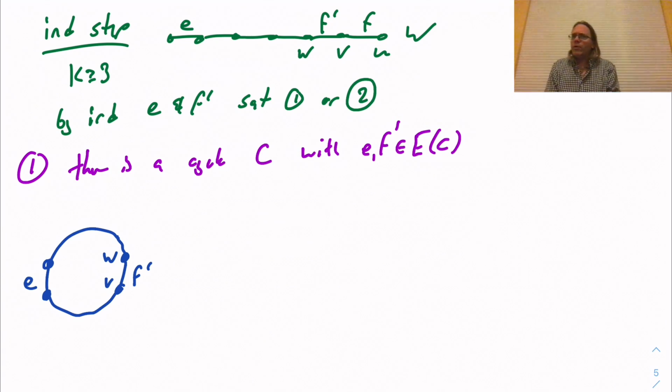When you're thinking about proofs by induction, you're proceeding by induction on some parameter. You're trying to prove something. The thing you know is that your property holds in all smaller instances, whatever that could be. We've got a smaller instance. It gives us this cycle. Now, this cycle is not what we want in the original. I want a cycle using E and F, not a cycle using E and F prime.